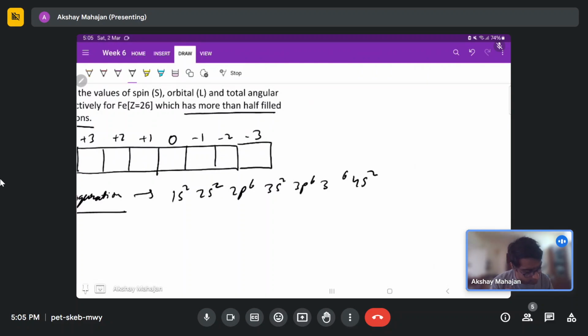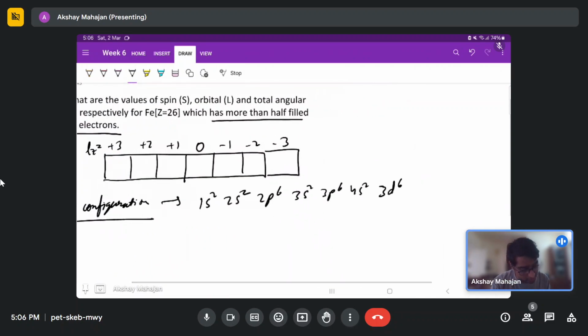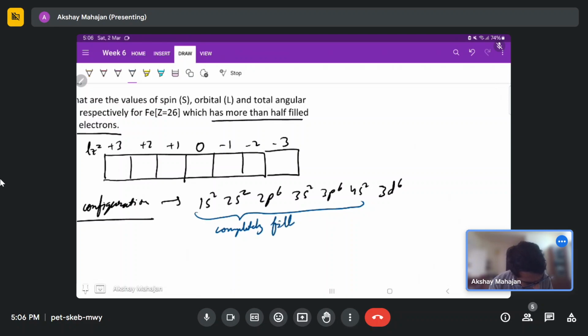Basically we actually write it as 4s2, 3d6. Now here for iron, you can see that all these other electrons are completely filled. So if we calculate S, L, and J, all these orbitals being completely filled, the S, L, and J values are going to be 0.